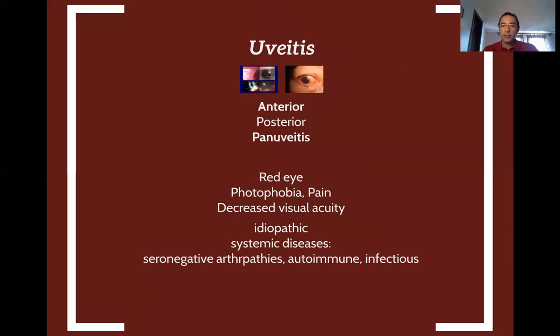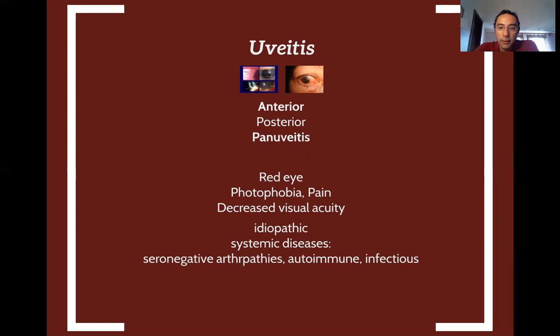The next disease entity is uveitis. Uveitis is the inflammation of the eye, but the focus here is the inflammation of the anterior part of the eye, which is usually iris and ciliary body. So if it's an iridocyclitis, the inflammation of iris and ciliary body, it may cause red eye.